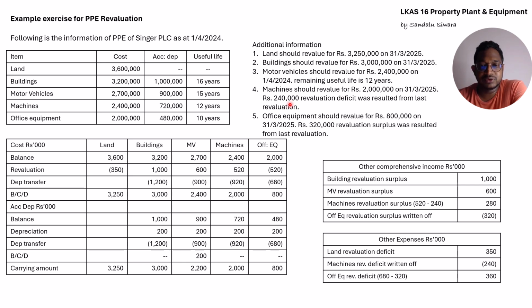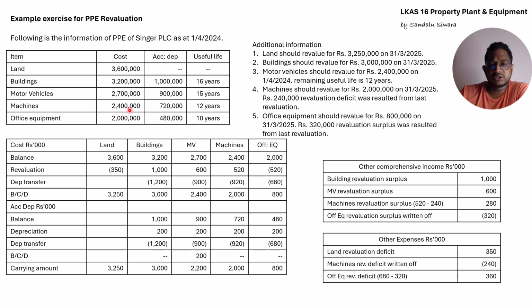Fourth one, the machine should be revalued for 2 million on the closing date, and a 240,000 revaluation deficit resulted from the last revaluation. So these machines are revalued for the second time. You have to mention the same thing in note number 4. Here you are revaluing these machines as at the closing date, so you have to find the depreciation in the normal way and record that.